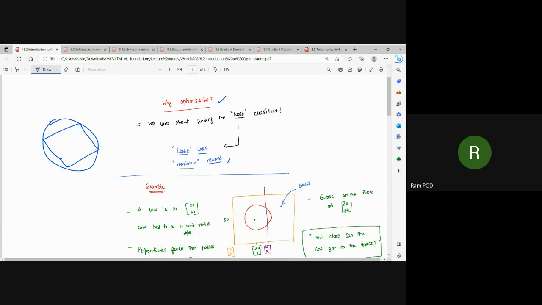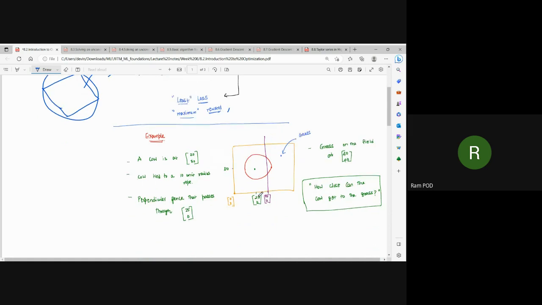So here we want to maximize this volume. Basically, we either want to maximize something or minimize something.